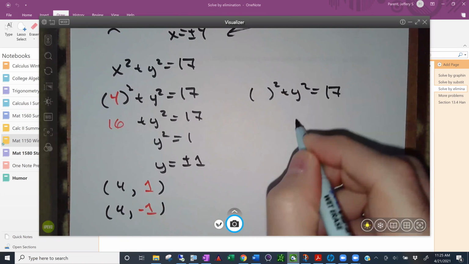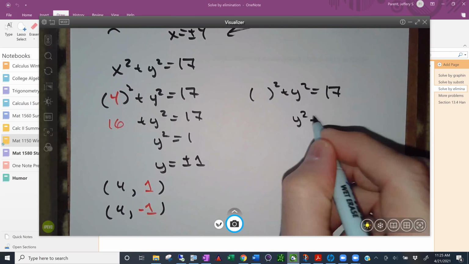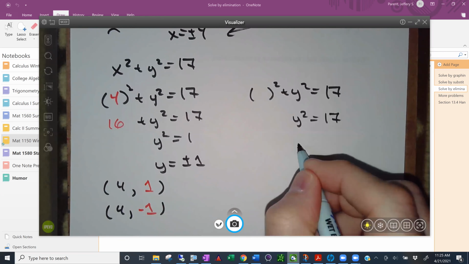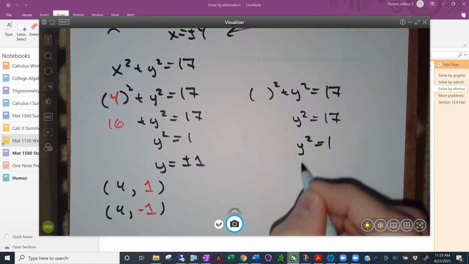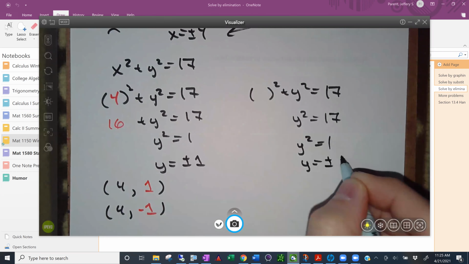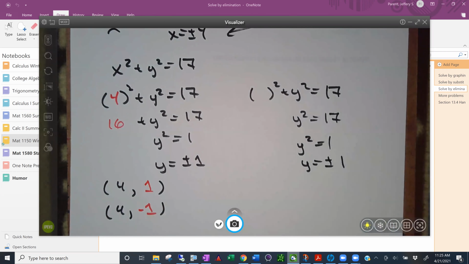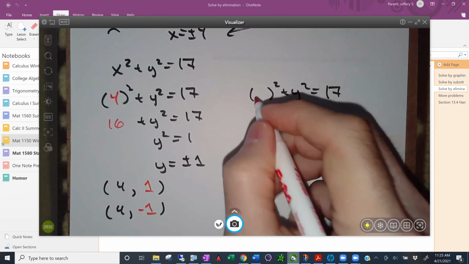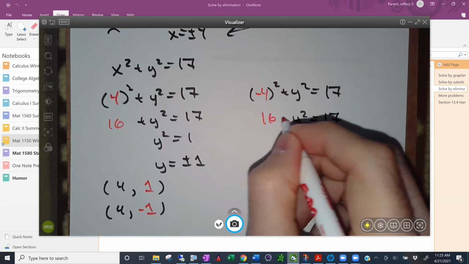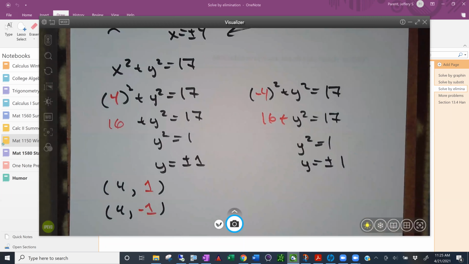So if I put in that negative 4 here, I'd end up with 16, and same as before. This time it's going to be negative 4 for x, and that gives me two solutions for y, 1 and negative 1.